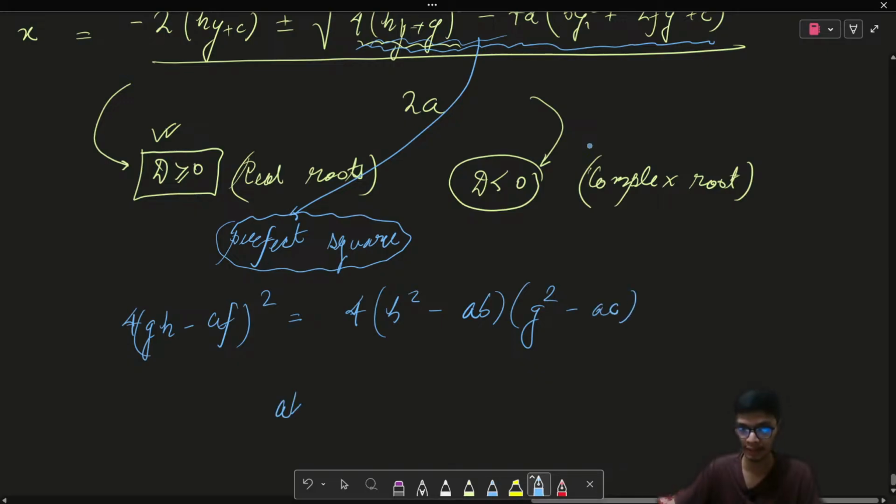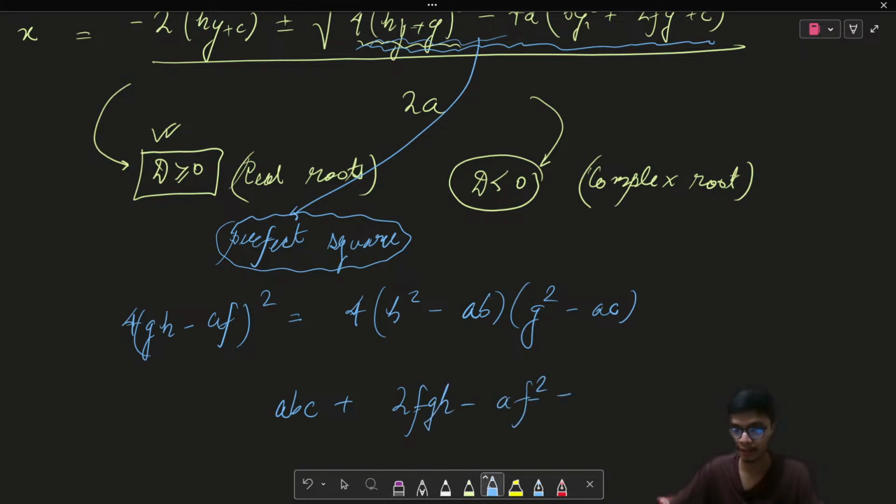So this will give me the standard condition, that is ABC plus 2 times FGH minus AF square minus BG square minus CH square, and this should be equal to 0, right?